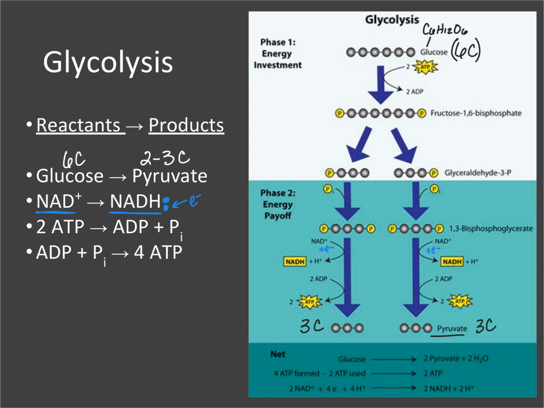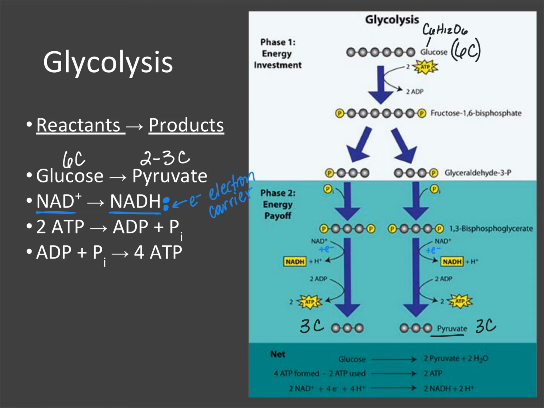In addition to these electron carriers, and NADH is an electron carrier, remember, we'll talk about why that is important when we talk about the later stages of aerobic respiration. But in addition to these electron carriers, we are also looking at our ATP, ADP reversible reaction happening.